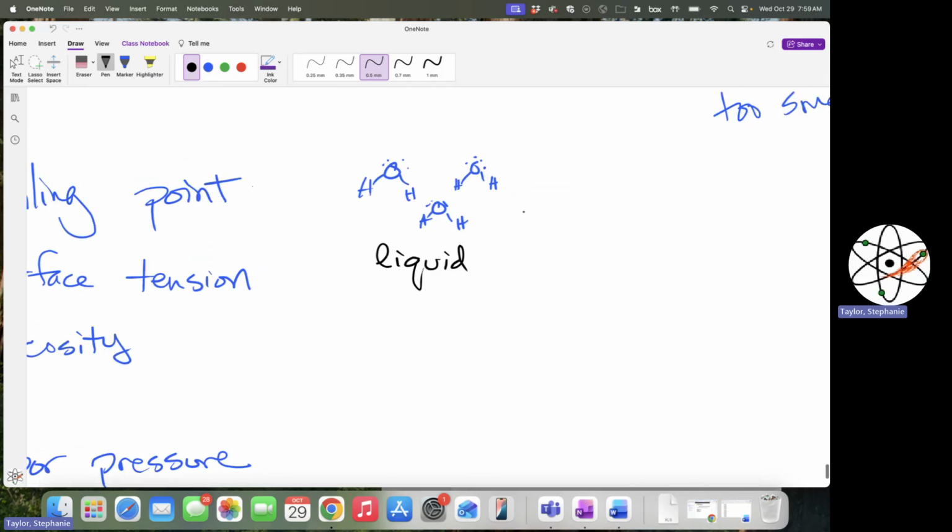And in order for it to become a gas, I have to basically have enough heat to break the intermolecular forces. But in order for this to boil, my hydrogen bonding, my dipole-dipole interactions have to be disrupted. They have to break. They have to no longer be there. So those are my hydrogen bonds in there.